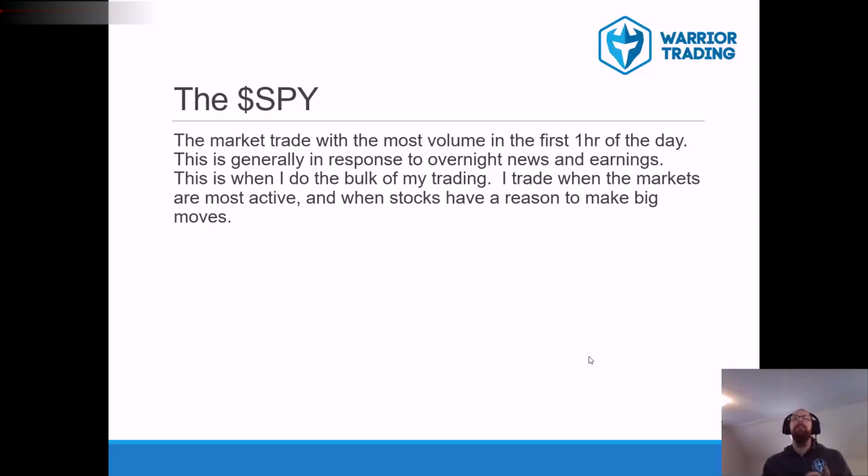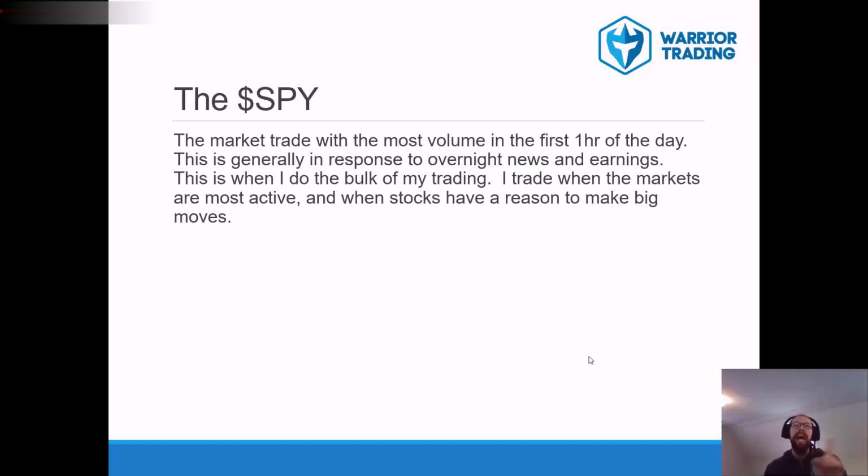Now, it's also important to recognize that Apple, as a stock, represents 3.5% of the S&P 500. And for every dollar that Apple moves up, the S&P moves 6.5 cents. So basically what you're seeing is one stock in the entire S&P 500 heavily influencing the entire market.